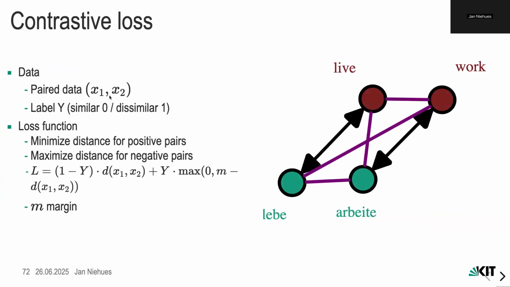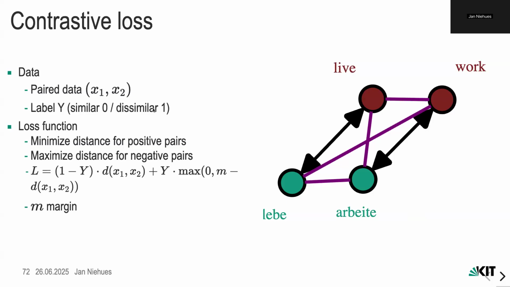You have paired data, with a label whether it's similar or dissimilar. So the easiest thing is that you have to encode in your label which ones you want to compare as positive or negative. But of course, there are the same challenges in there, like how to find negative examples. That's always a major issue in contrastive learning. What is a good way that they're challenging enough, and so on.